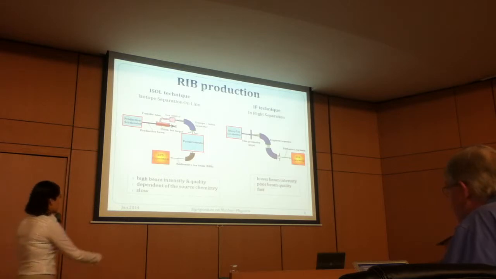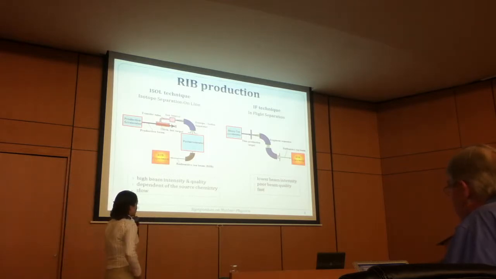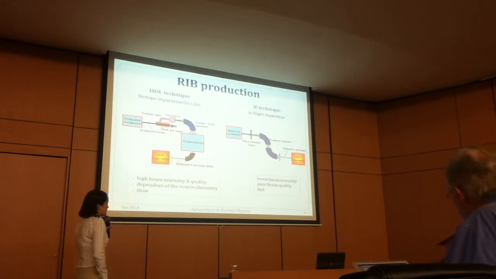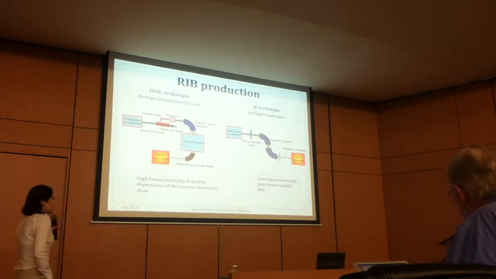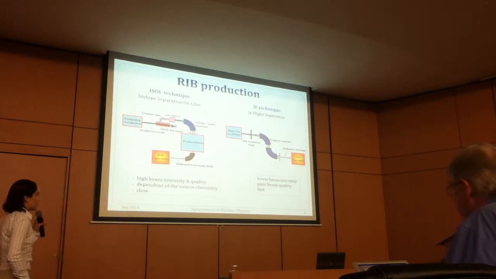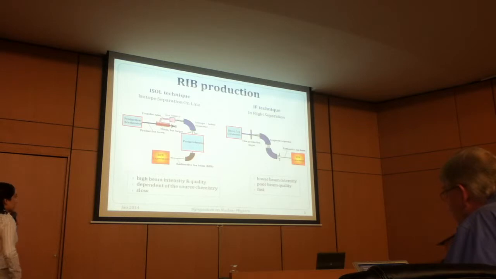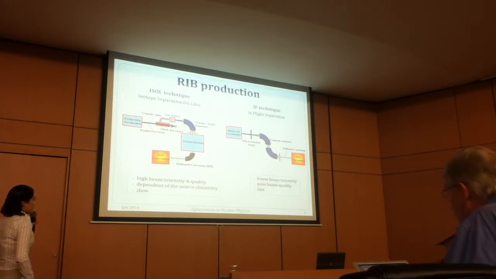In this case, the radioactive ion beams are produced using a thin target and the fragmentation of the projectile. The other technique is the ISOL technique, that is depicted in this diagram, very schematically, and involves the use of two accelerators and a thick actinide target.